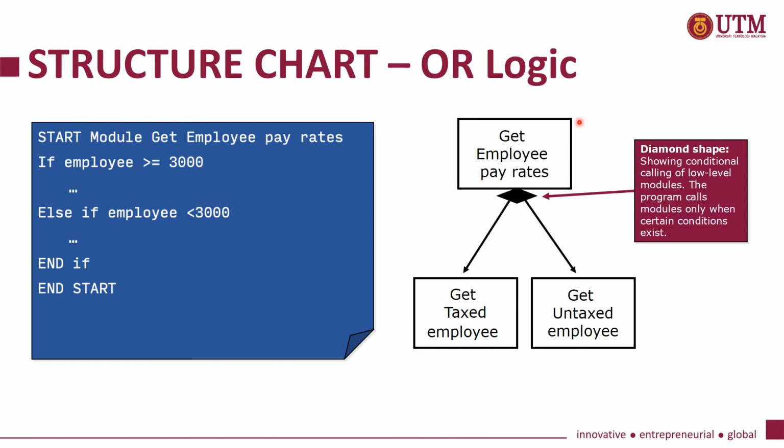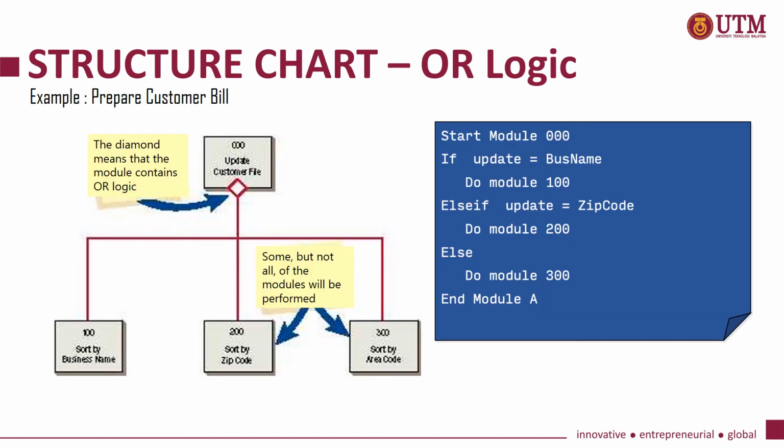So you will need a structured chart showing which programs will call which programs. This will help you to prepare or write procedure code. This slide shows a similar example of OR logic condition.